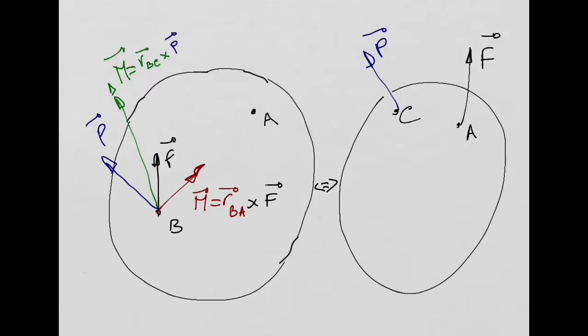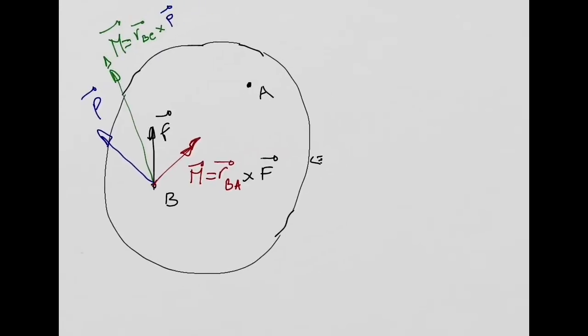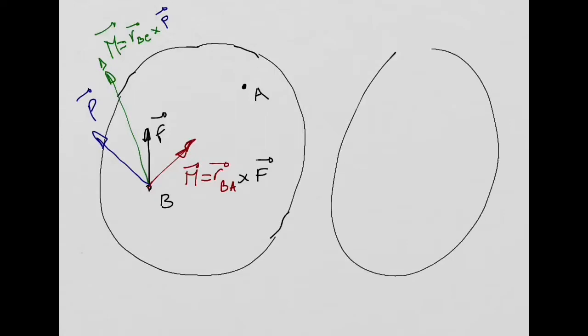Because now, look what is going to happen. I'm going to copy this and paste here. So what I'm going to say is that in this point B, I'm going to have a resultant of the forces.